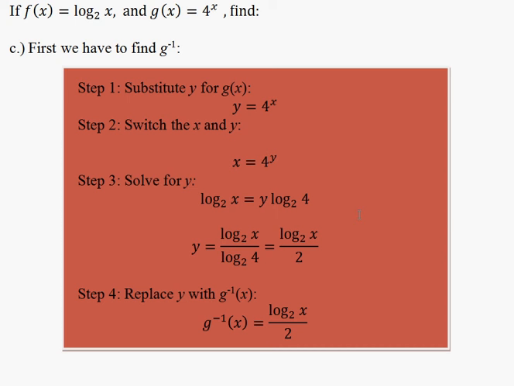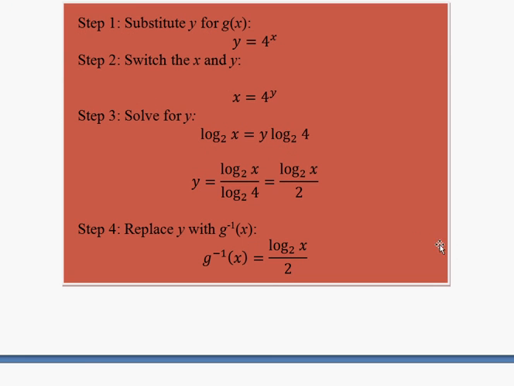Then we solve for y: y is equal to log base 2 of x divided by log base 2 of 4. Well, log base 2 of 4 is 2 raised to what power is 4, which gives you 2. So this simplifies there. Log base 2 of x we really don't know. But now replace y finally with g inverse of x. G inverse of x then is equal to log base 2 of x over 2.